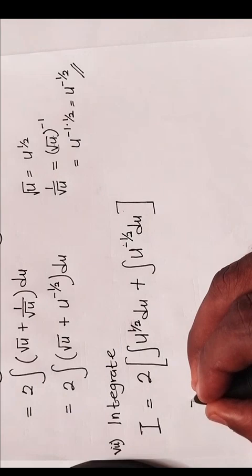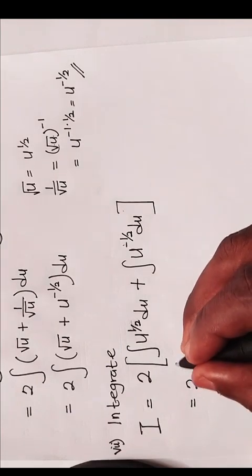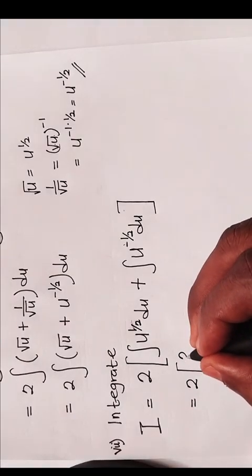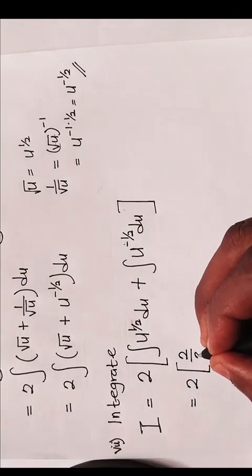So here we have this to be equal to 2 into 2 all over 3.